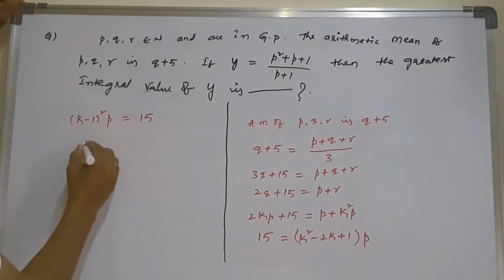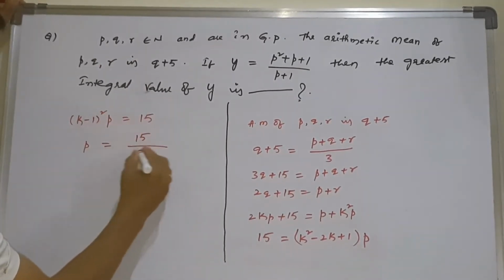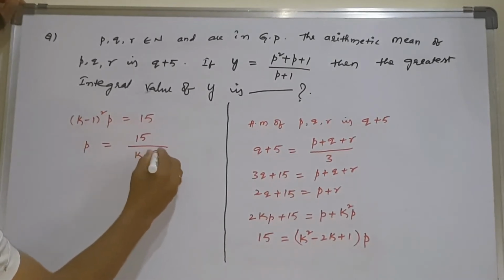So P we can write as 15 divided by (K minus 1) whole square.